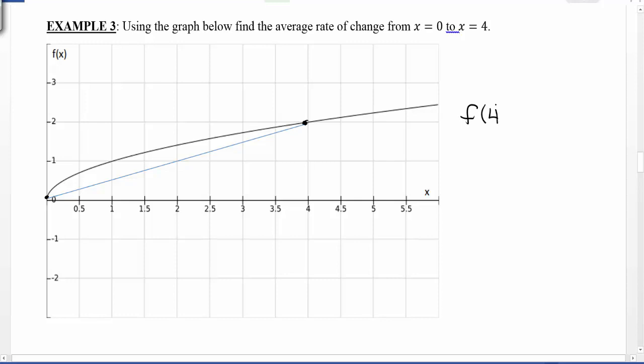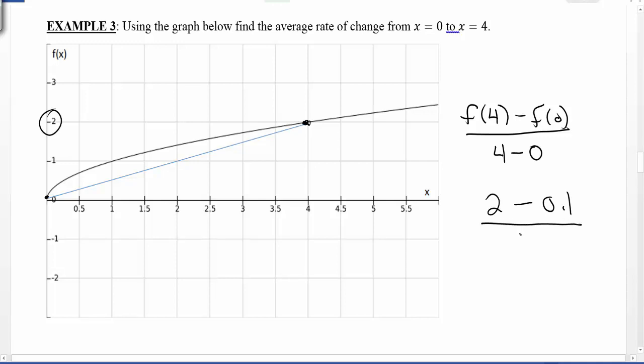So again, we're going to apply our formula here. We're going to do f of 4 minus f of 0 divided by 4 minus 0. And we're going to get those values from our graph. So f of 4, if you go up to where x equals 4 hits the graph, we come over and we find a corresponding y value of approximately 2. Then if we go to f of 0, we can see it doesn't touch exactly at the origin, so it's a little bit above 0. So for my approximation, I'm going to call that 0.1.